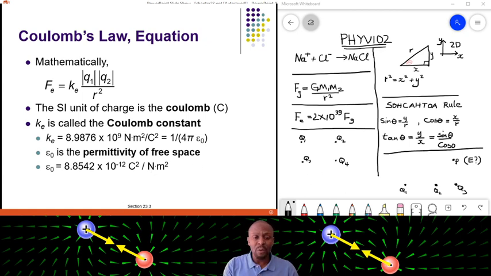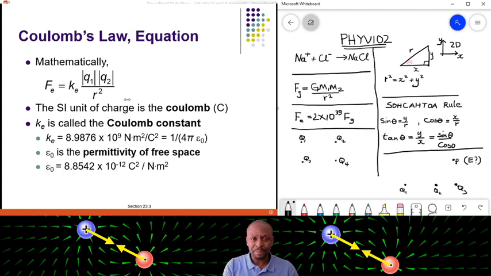Now, what I want to show you is that this electric force between two charges is exactly the same as the gravitational force that you did in your previous semester. But the difference here is that Q1 and Q2 are charges, whereas for the gravitational force, you've got the masses of two objects.